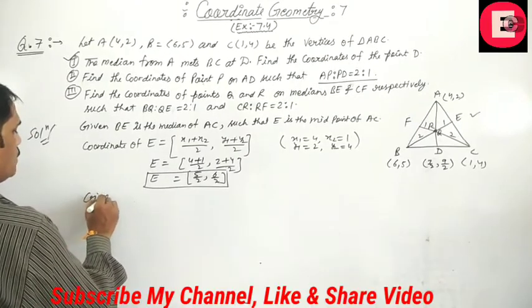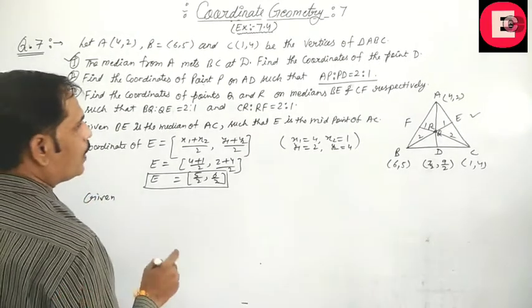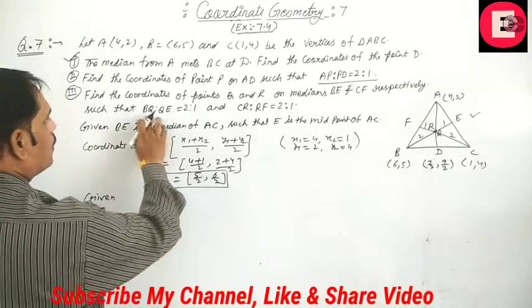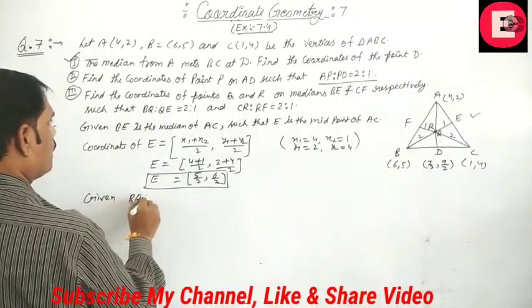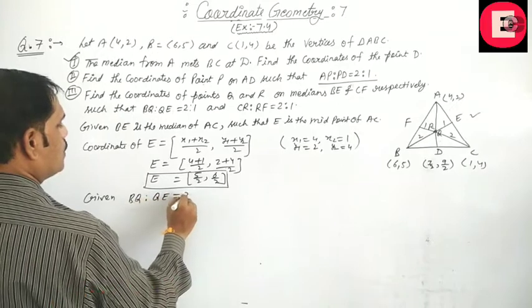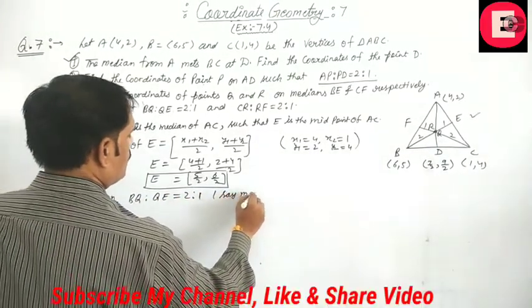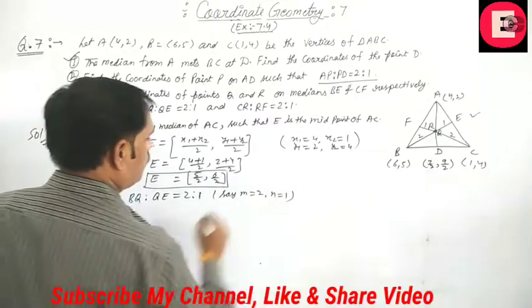Given BQ to QE is 2 to 1, say m is equal to 2, n is equal to 1.